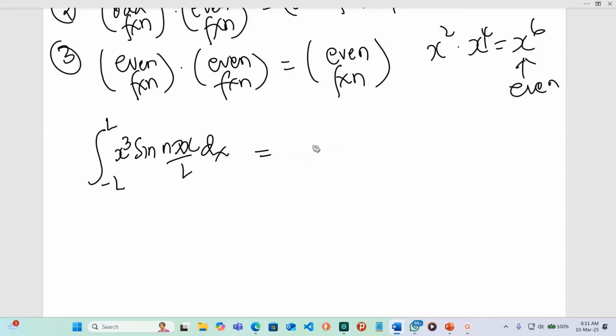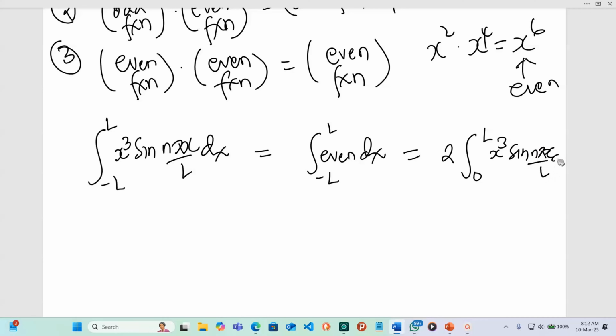And this is going to give you the integral of an even function from negative r to r with respect to x. As long as this is not a piecewise function, it is going to give you twice the integral from 0 to r of x cubed sine n pi x out of r.